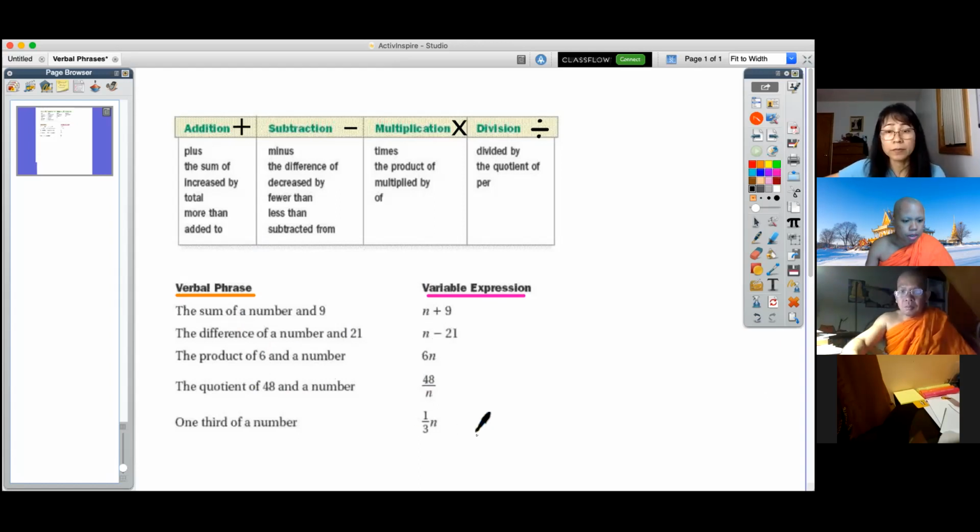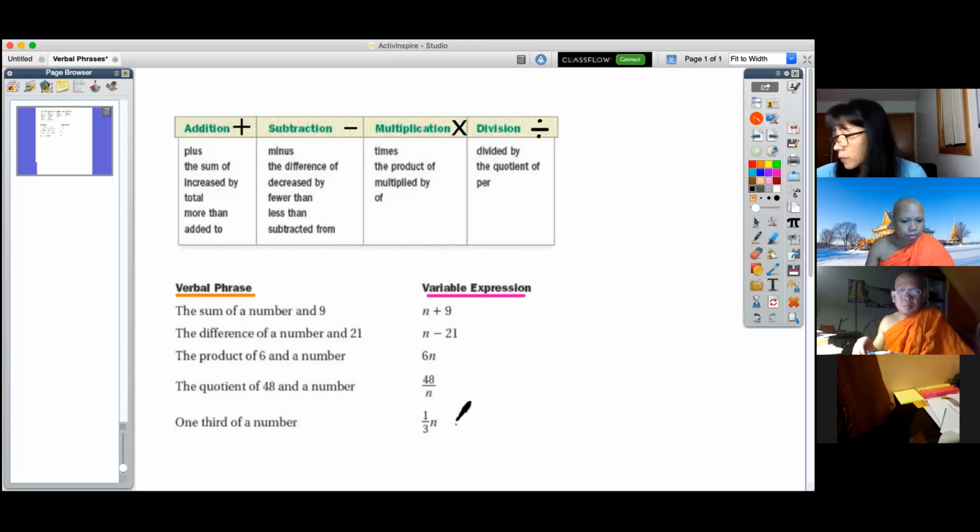The sum of a number and 9. The difference of a number.